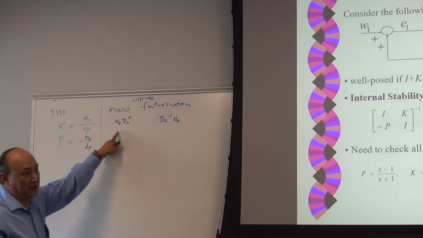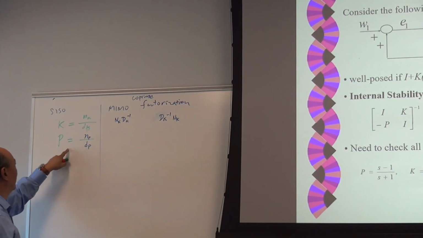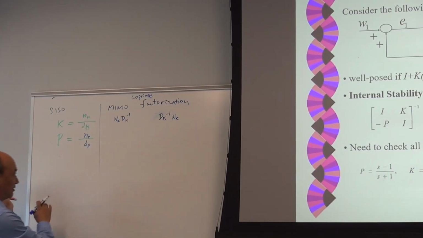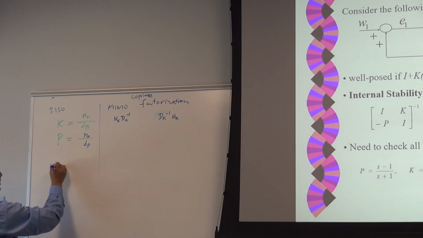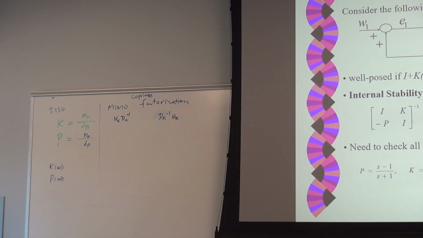We're going to talk about this next. But first I want to tell you that in the SISO setting, when we see K infinity and P infinity, usually in practice these are all rational and proper. For example, I have 1 over s plus 2.